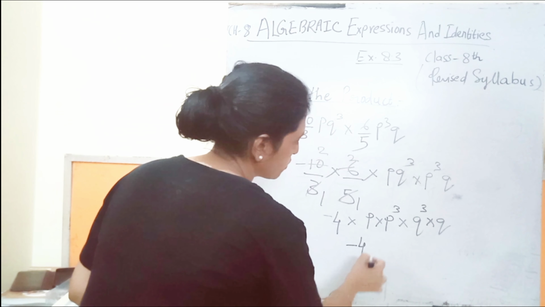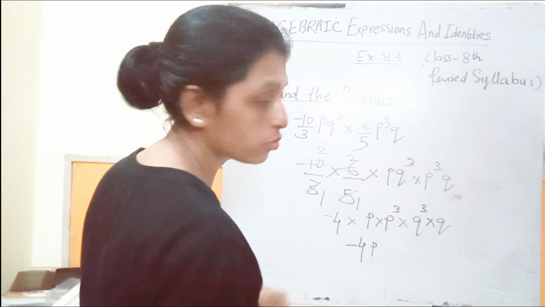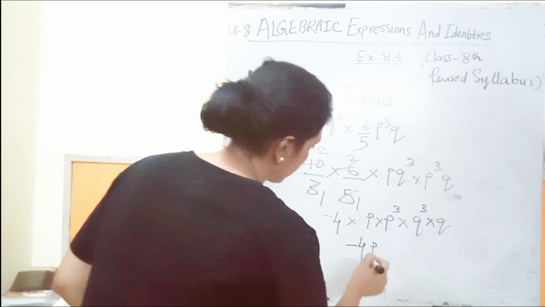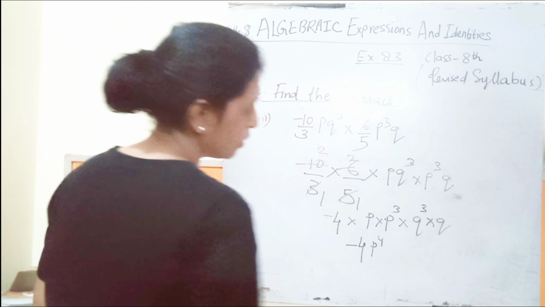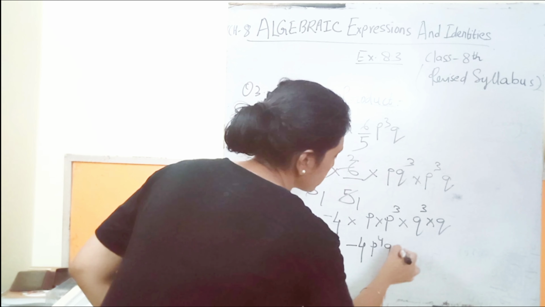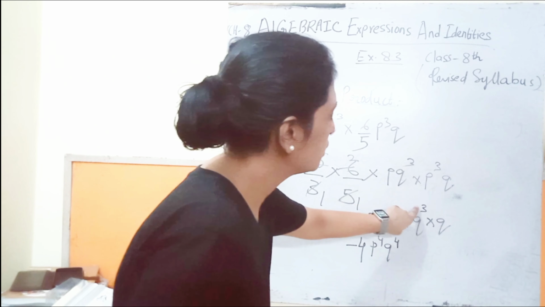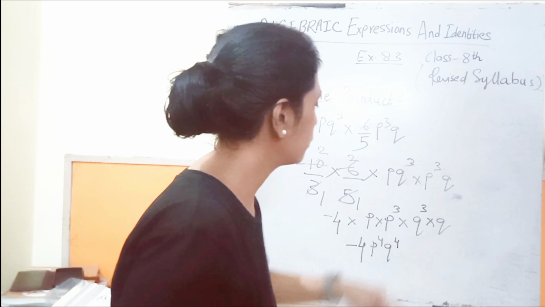It will be minus 4, right. When the bases are same, the powers get added when the multiplication operation is applied. So it will be minus 4 p raised to the power 4 q raised to the power 4, because 3 plus 1 is 4 and here 3 plus 1 is 4. Okay children?